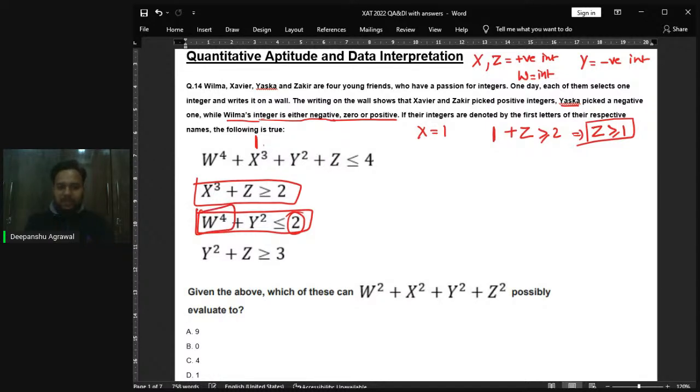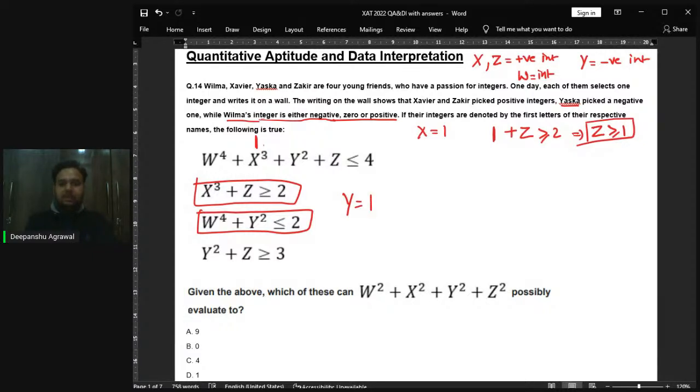And both of them will give non-negative values, right? So, can the value of y be equal to 2? No. Because if we write the y square here, it would be 4. And w to the power 4 can't be negative, right? So from the third equation, the value of y cannot be greater than 1.